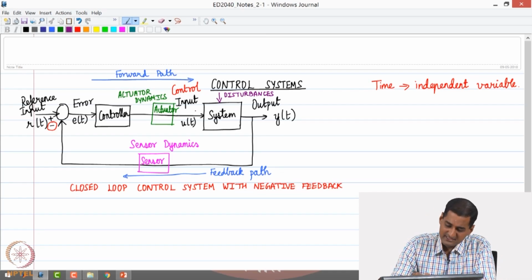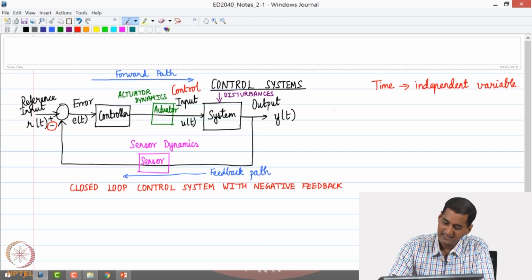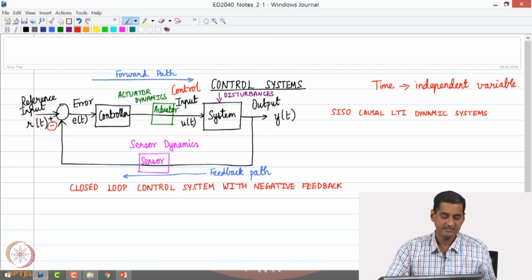So, these are some elements that we need to consider in the feedback diagram, and if you recall, the class of systems that we have been considering fall under single input single output, causal, linear time invariant, dynamic systems, right. So, this is the class of systems that we are going to look at, and this is the class of systems that we identified in the previous class.